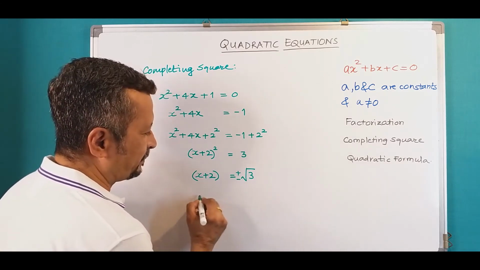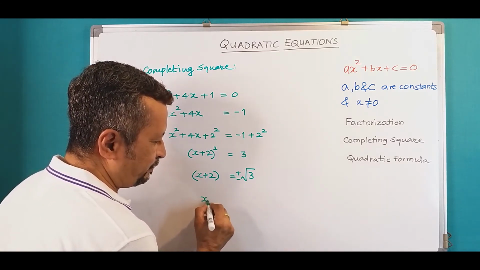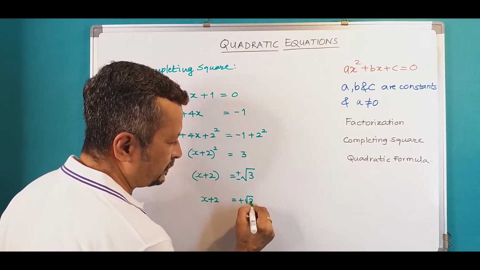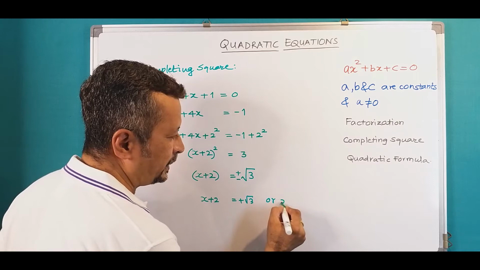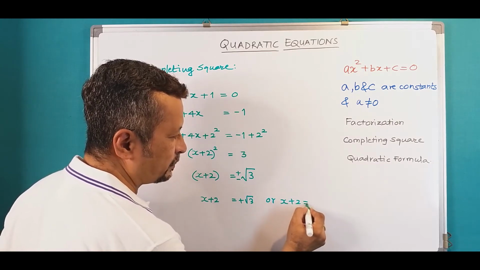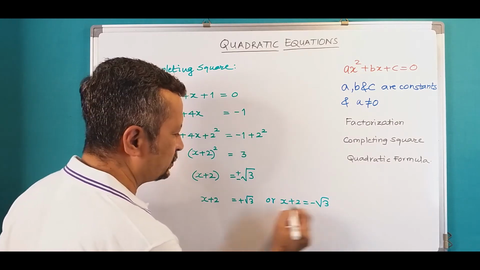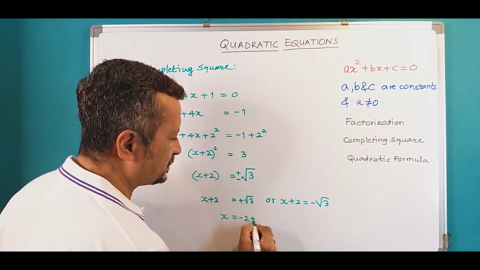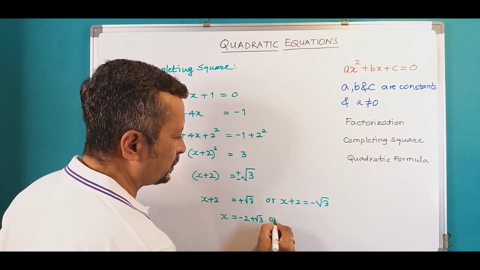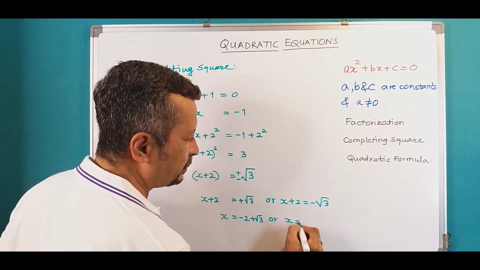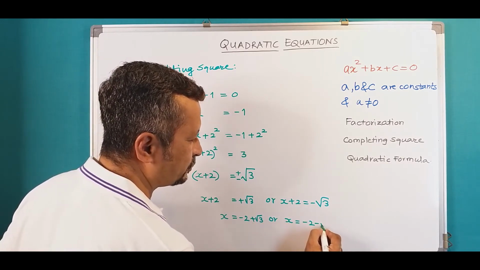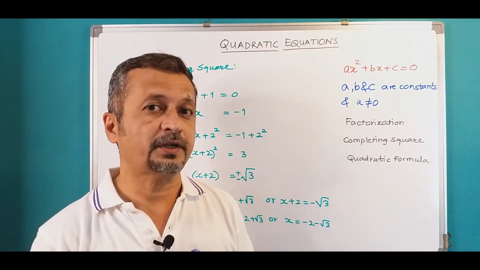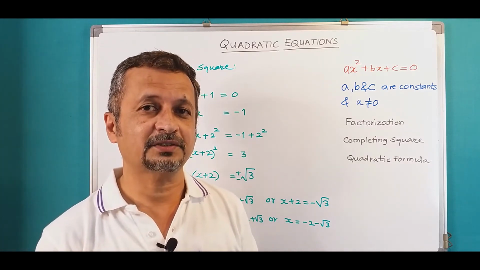So my x plus 2 is equal to plus root 3, or x plus 2 is equal to minus root 3. So my x would be equal to minus 2 plus root 3, or x would be equal to minus 2 minus root 3. This is how we solve quadratic equations by completing squares.